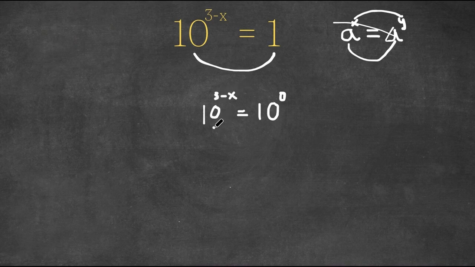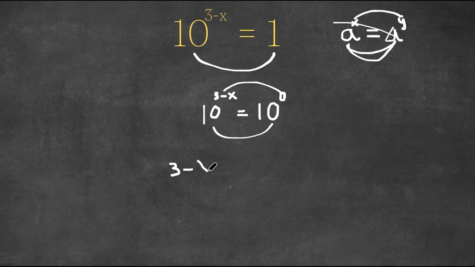Now notice how these two bases are the same, just like this one. Think of 3 minus x as x and the 0 as y. Because these two bases are the same, these two exponents are the same as well. So we can just ignore the bases for now and just set 3 minus x equal to 0.